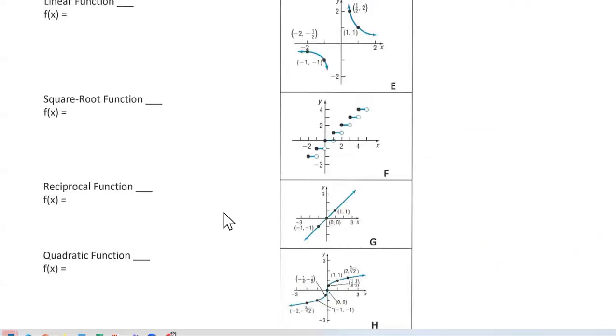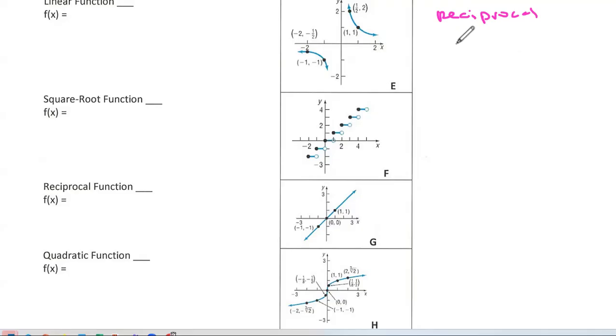Okay, these next set. So for E, the book has a kind of an interesting name. They call it the reciprocal function.